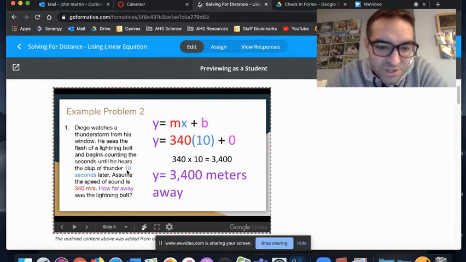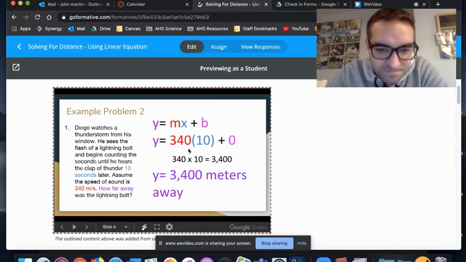So we could then determine the distance of where that originated from, before it got to Diego's ears. So we plug in time is 10 seconds. We then have 340 meters per second. So 340 times 10 equals 3,400. So our distance is 3,400 meters away. And again, I included that because that was the question, how far away?